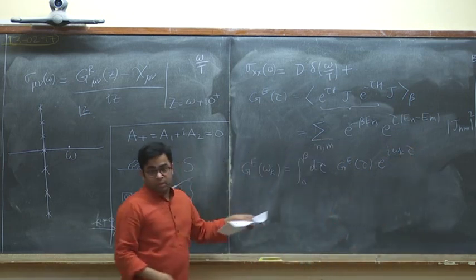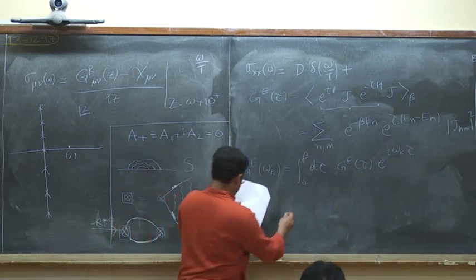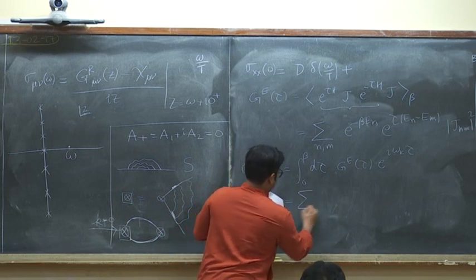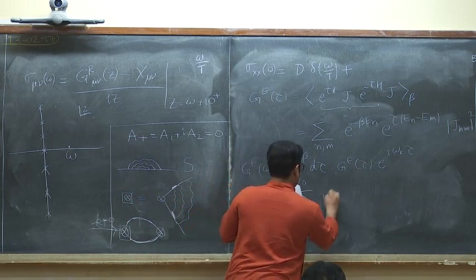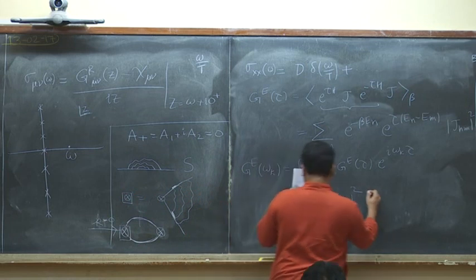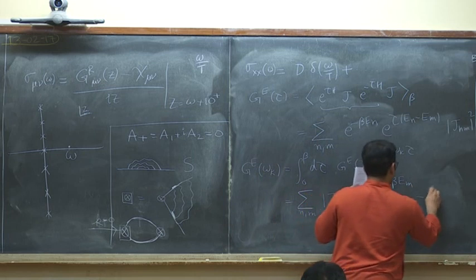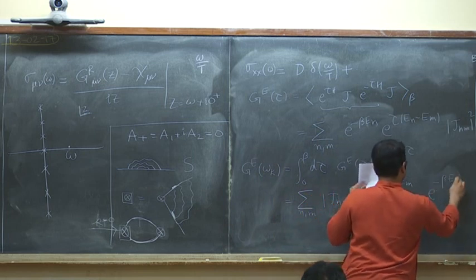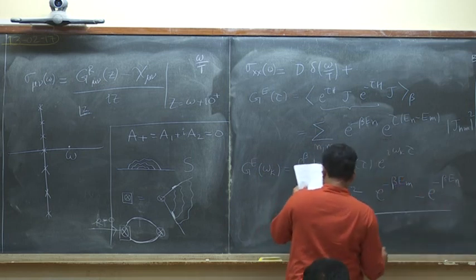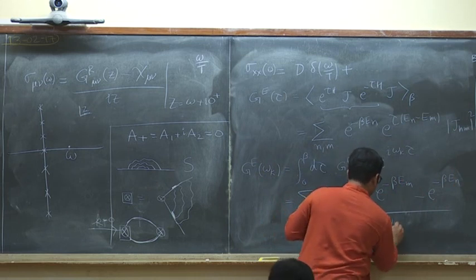And I can do this integral, and this will be equal to the sum over n and m of |J_nm| squared, (e to the minus beta E_m minus e to the minus beta E_n) divided by (i omega_k plus E_n minus E_m).